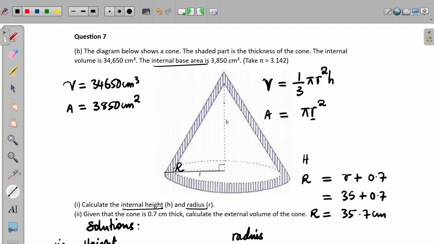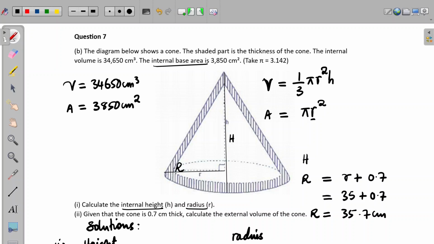Then the height is from here down up to there. That is H. So these, they work in ratios.